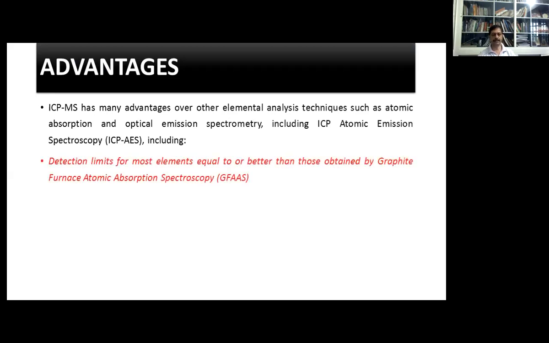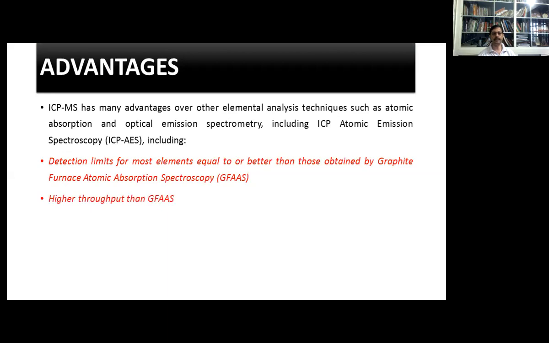And these advantages are detection limits for most elements equal to or better than those obtained from graphite furnace atomic absorption spectroscopy is what we see here. That means lower detection limits, or more and more finer particles can be identified in this ICP-MS.